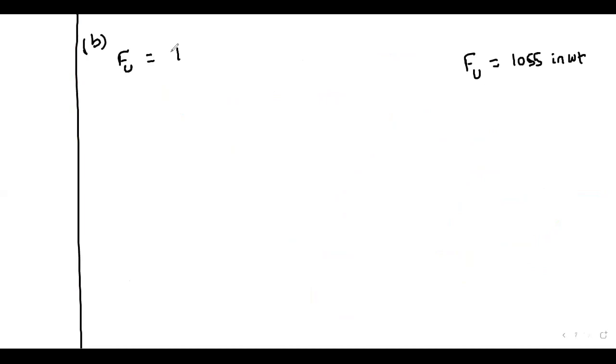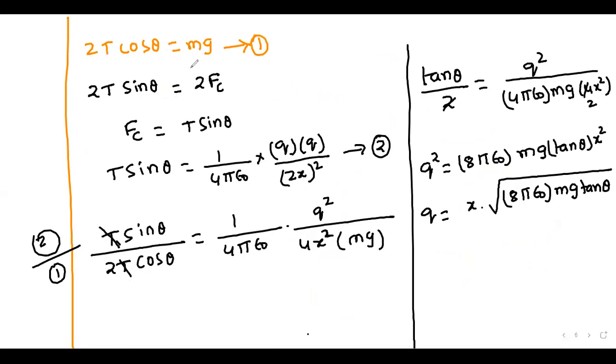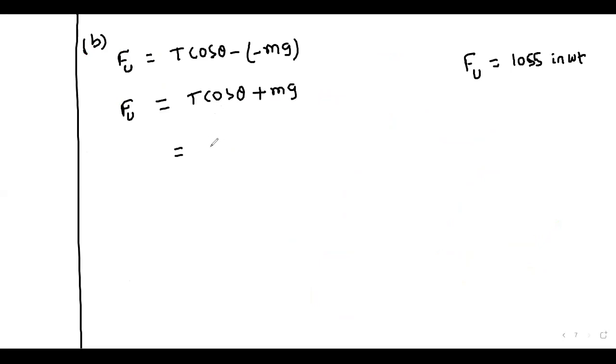Since both are in opposite directions, we get T cos theta plus mg, which is equal to the upthrust. Since we know that 2T cos theta equals mg, T cos theta equals mg by 2. Here I can write mg by 2.